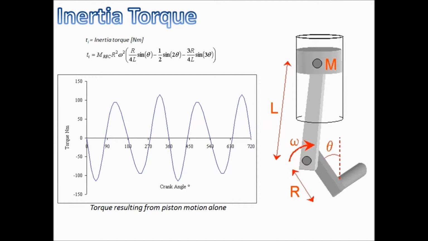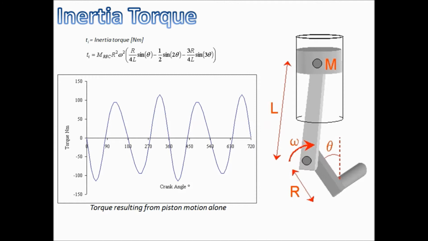Ti is the inertial torque, M is the mass of the piston, R is the length of the crankshaft and also the radius of the rotating path. Omega is the angular velocity of the rotating crankshaft.